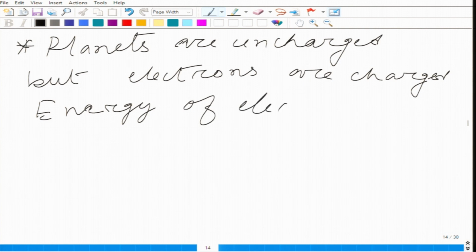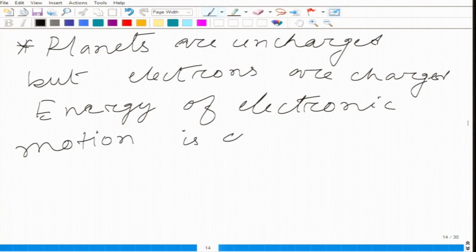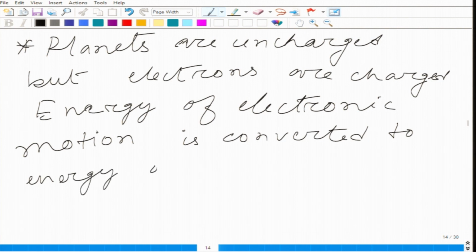The energy of electronic motion is converted to energy of radiation.